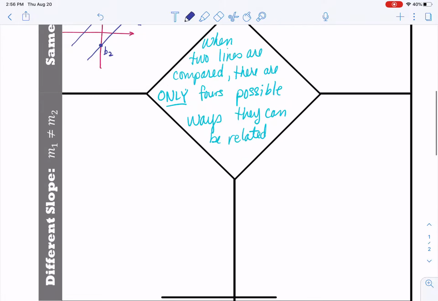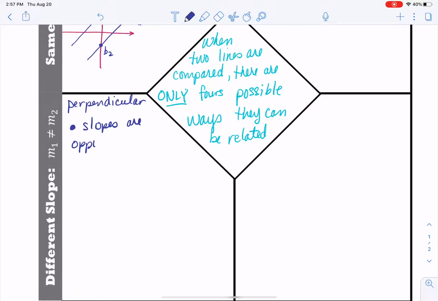Then we might have two lines that are perpendicular. And that happens when the slopes are opposite reciprocals. That means that the slope of 1 is a over b, and the slope of 2 is the opposite of b over a.